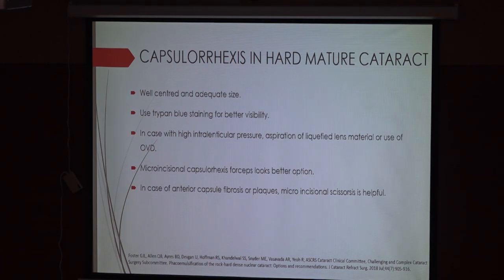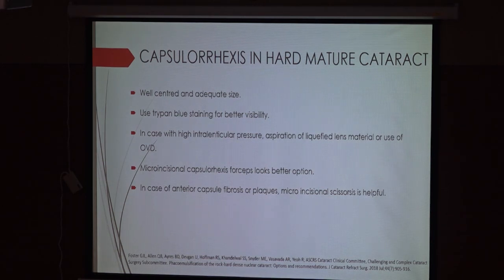So there is high intralenticular pressure. So sometimes you have to aspirate that white cortical matter to make the capsule visible so that you are able to complete the rhexis, or you can use high viscosity viscoelastic like Healon GV, so that will flatten the anterior lens surface, and then you can go ahead with good capsular rhexis.